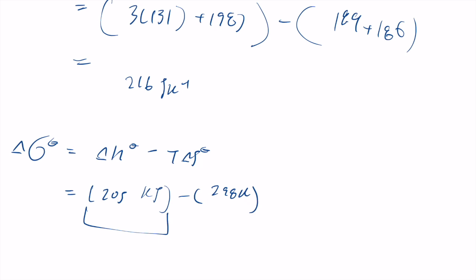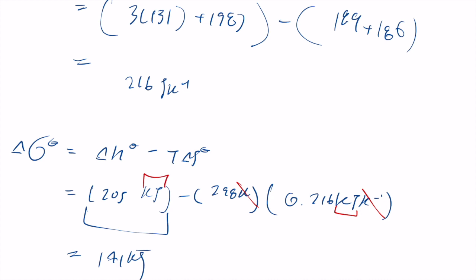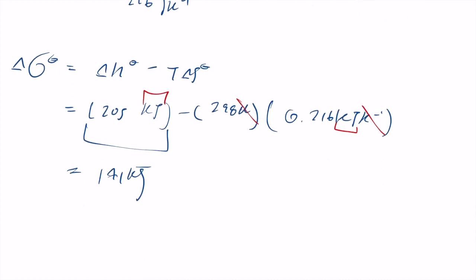So we need to divide by 1,000 real quick, and we will get 0.216 kJ K^-1. And the answer I got was 141 kJ. And the reason it's kJ is because the K's cancel out. We're just left with an equation involving kJ.